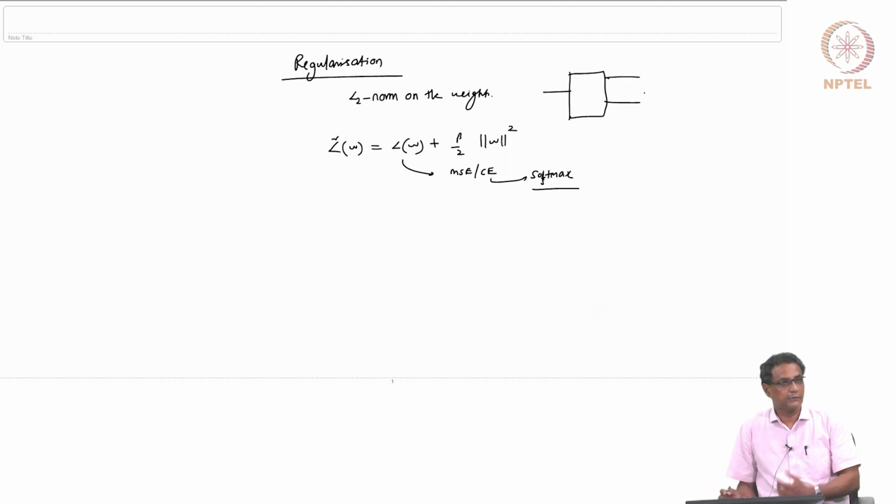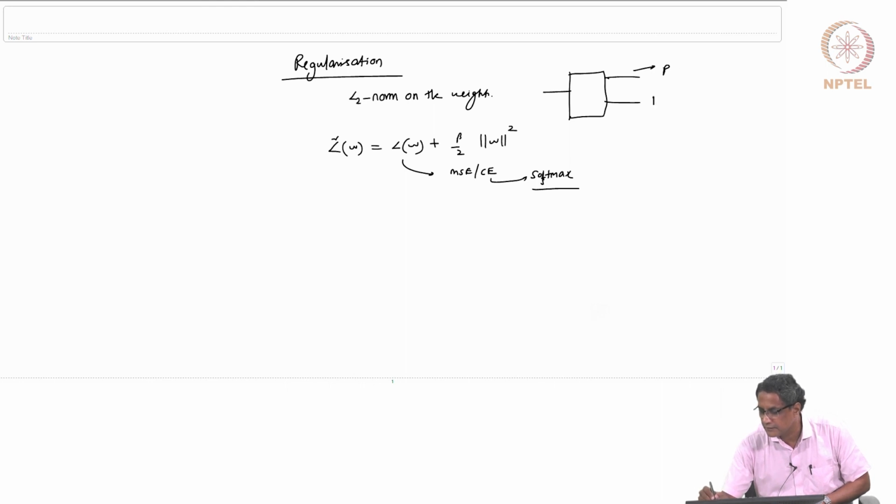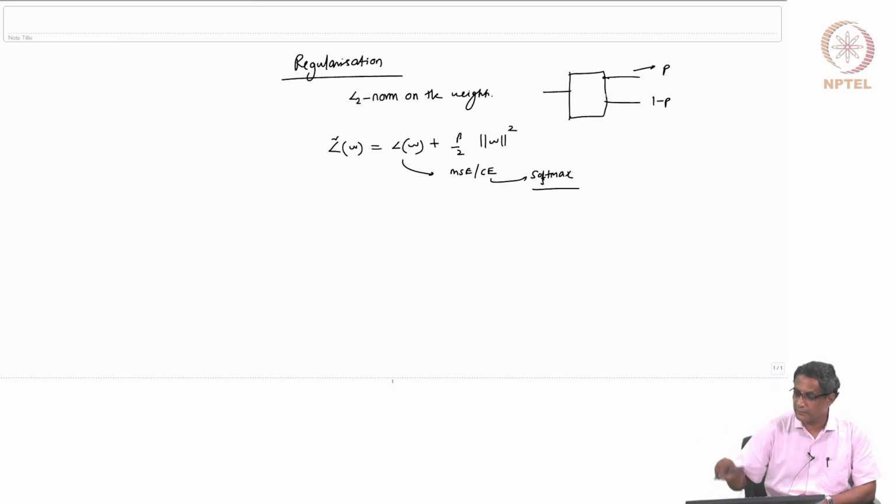Let's say I'm just trying to do a 2-class problem. I want to say whether it's a foreground or a background. Then you will have a success for the foreground as P, and a success for the background as 1 minus P. And the layer at the output is sending you that value.